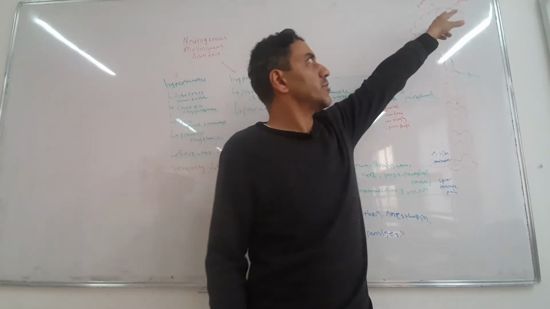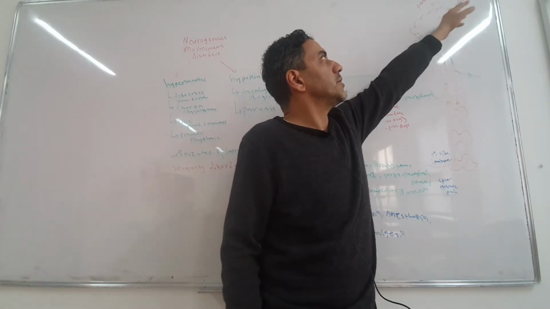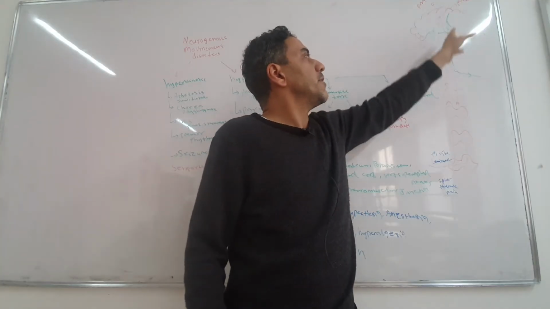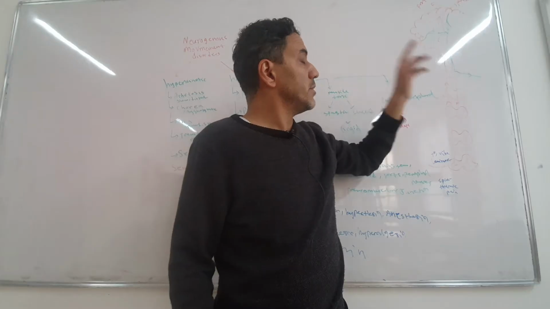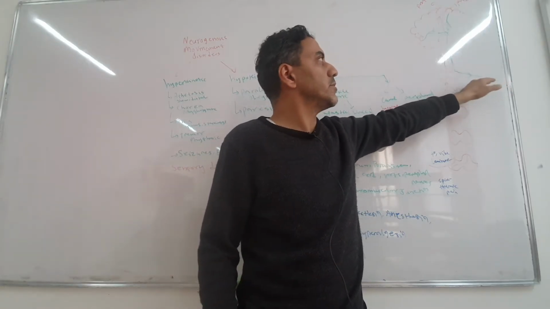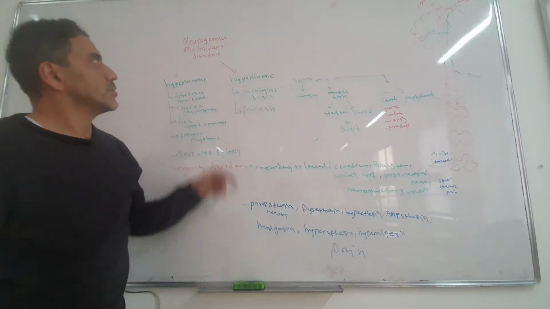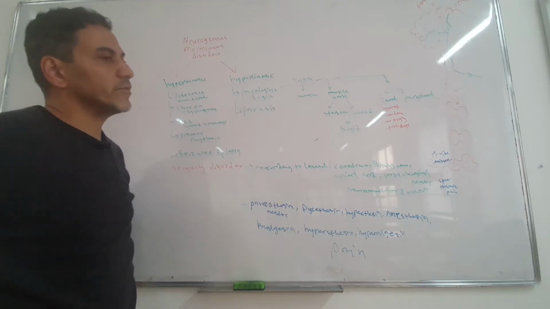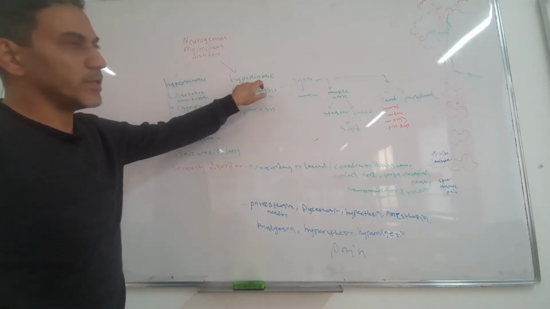The motor system is the opposite, it's descending. It starts from the precentral gyrus, then goes to the anterior column of the spinal cord, then motor neurons to the muscle. About motor function disorder, or movement disorder, we have two types: hyperkinetic and hypokinetic.